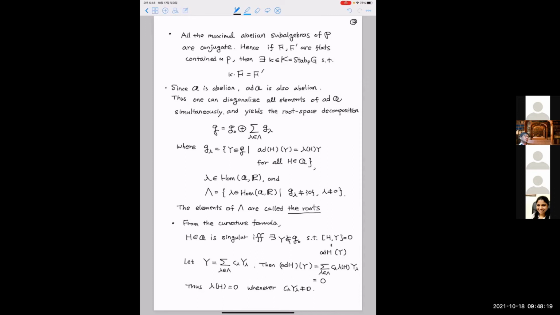Now we will look at the root decomposition. The adjoint of A is also abelian, because this is just a homomorphism, so that means that any two elements of Ad(A) commute.